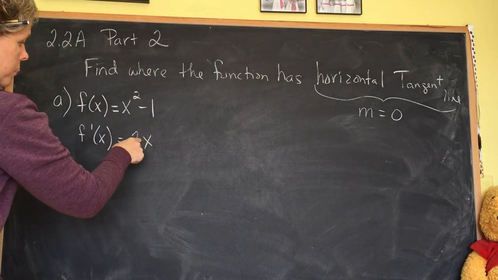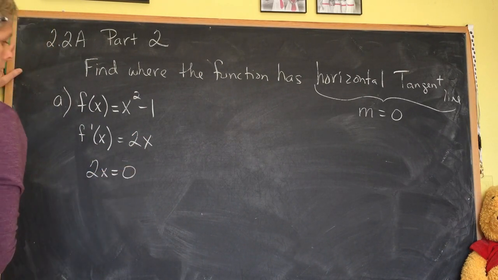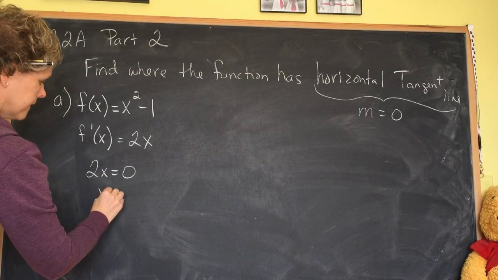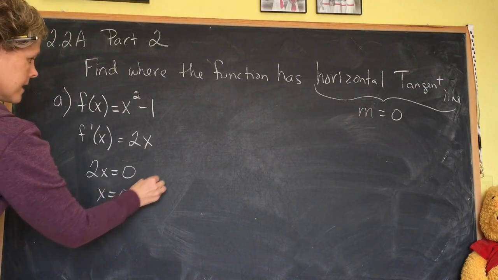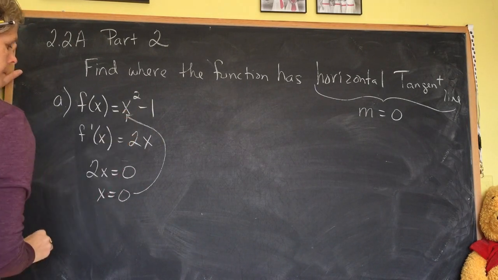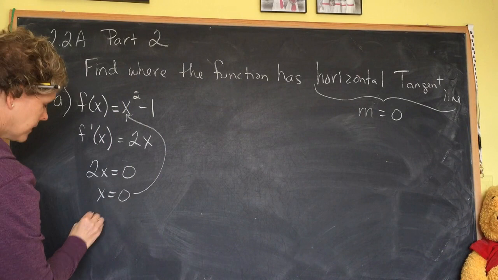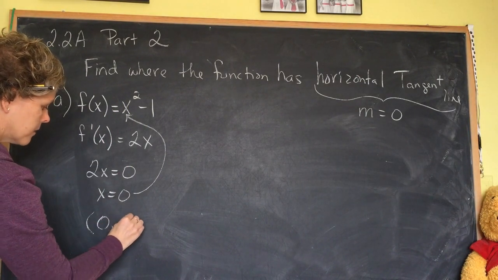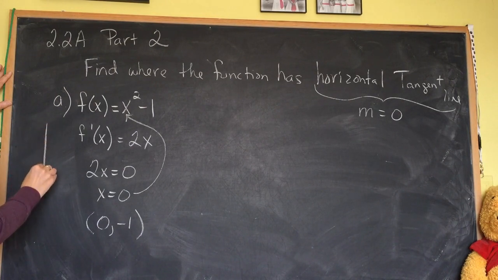Well, let's just go through and take that 2x and set it equal to 0. Solve that. X is 0, so you're going to take this and plug it back in here and solve it. So 0 minus 1 is a negative 1. So the spot that the horizontal tangent line is happening is 0, comma negative 1, which makes sense if you look at the graph.